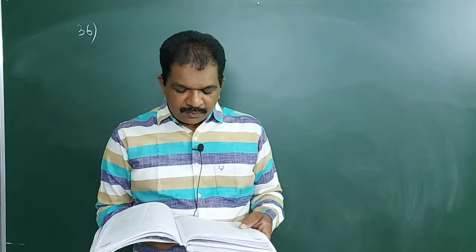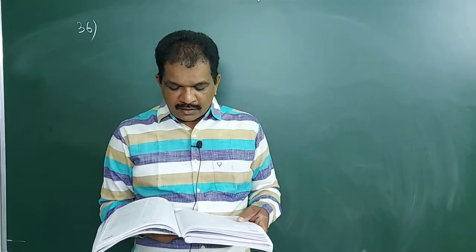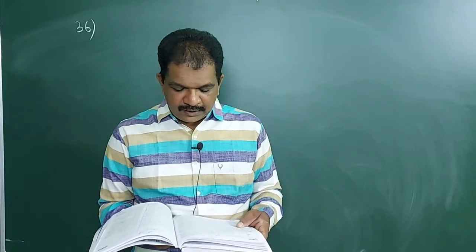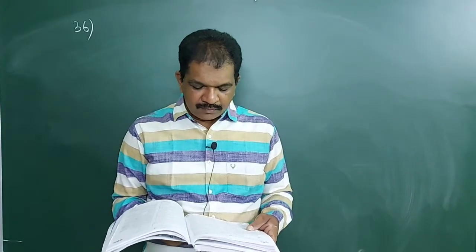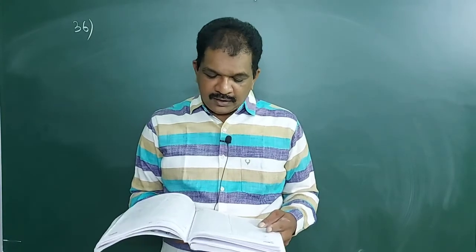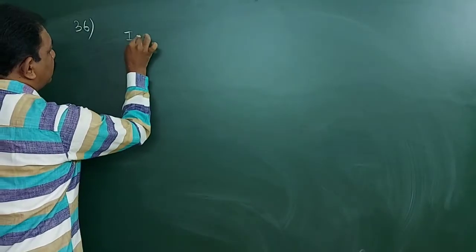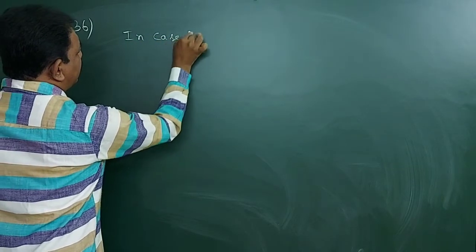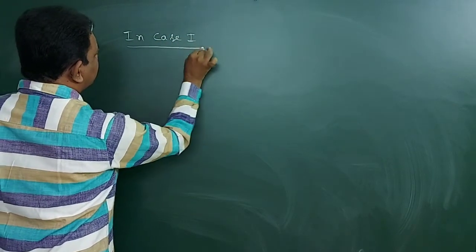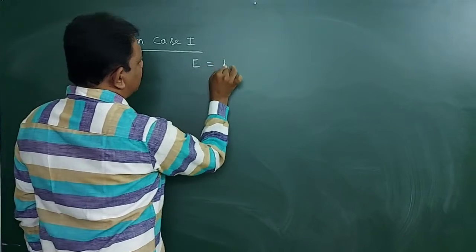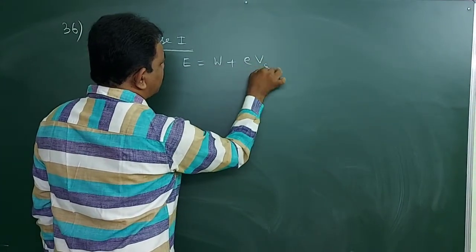If the stopping potential of A relative to C is? Okay, 5 eV incident first. In case 1, E is equal to W plus eVs.